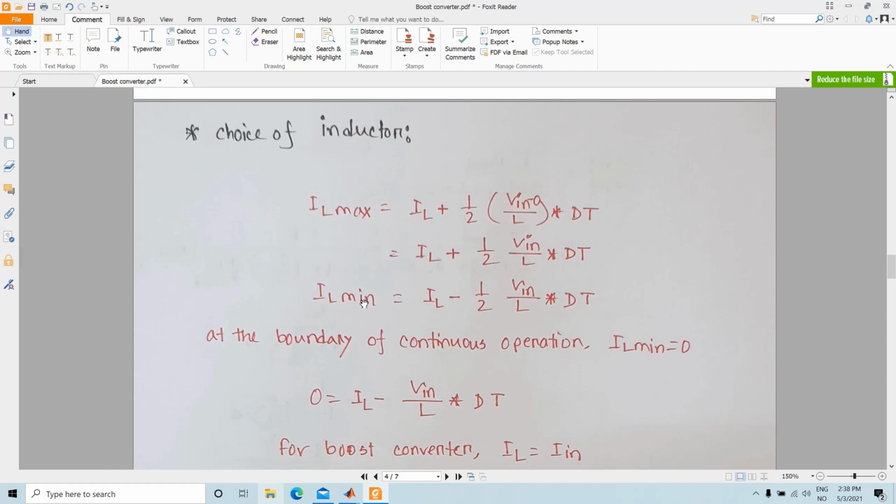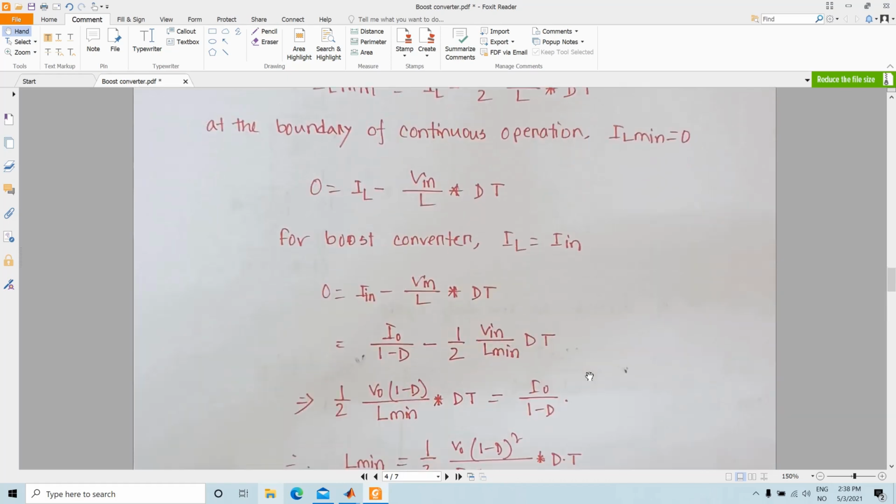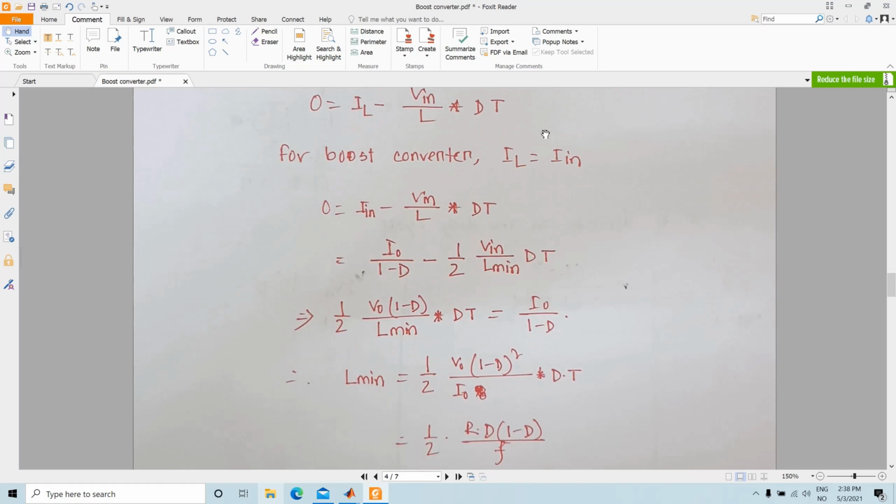So your IL mean is IL, the inductor DC part, minus half of V in divided by L multiplied by DT. Now at the boundary operation, this IL mean will be 0. So it will be 0 equals IL minus V in divided by L multiplied by DT. Now we know that for a boost converter, this IL, the DC component of the inductor current, is basically the input current, the current that is coming from the source, I in.